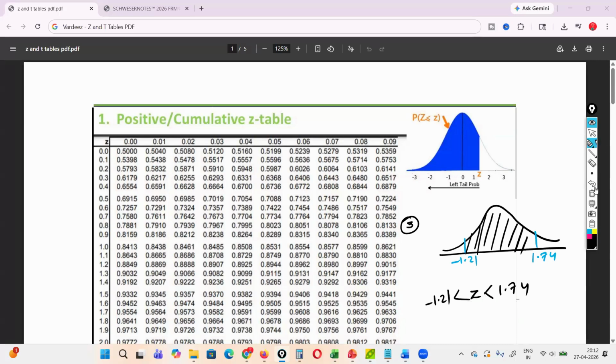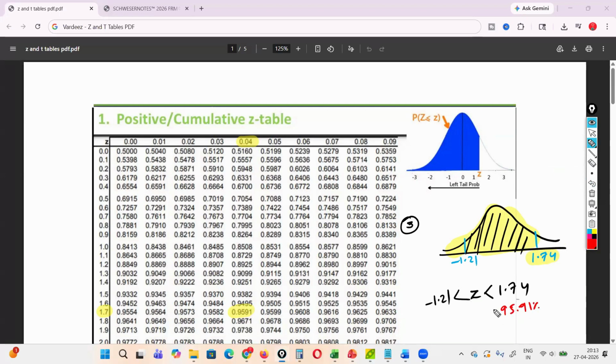Now, how do you do it? Again, it's very simple. Go to the positive 1.74. Positive 1.74, we know the value is 95.91%. So this entire area to the left is 95.91%. I'll write it here.